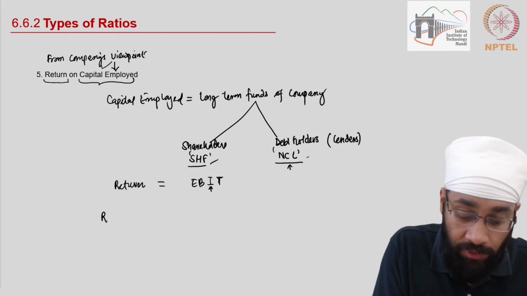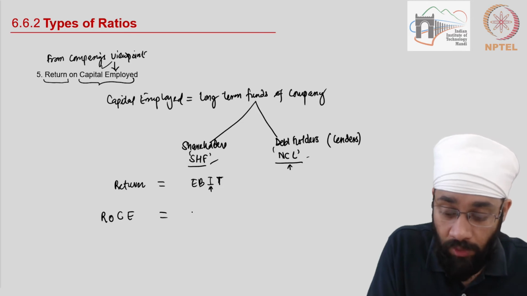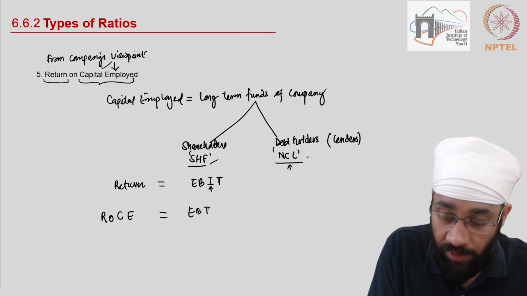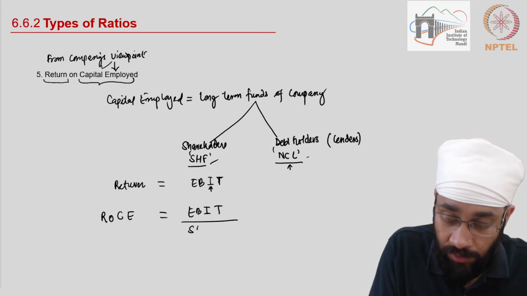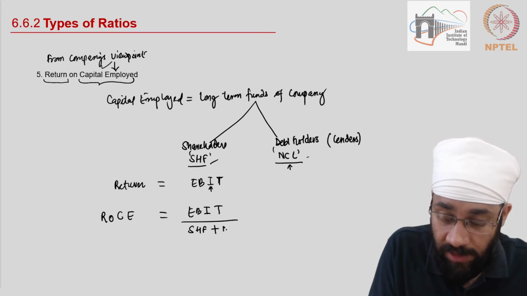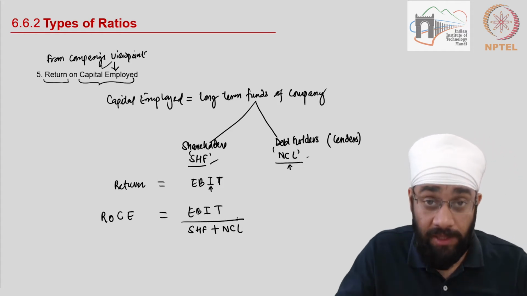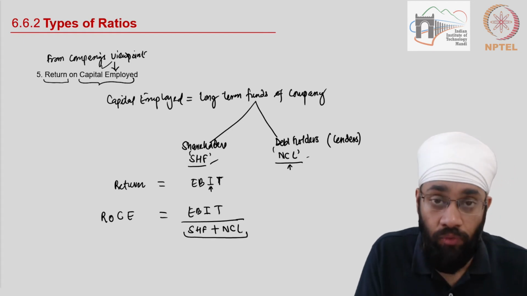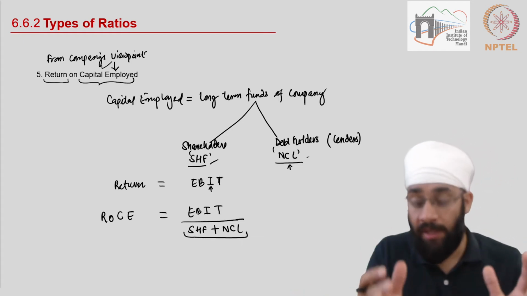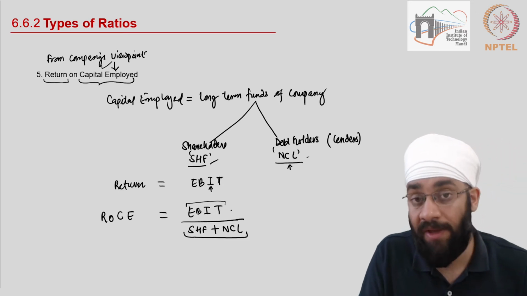And in order to figure out return on capital employed, we are going to divide the earning before interest and tax by shareholder funds plus the non-current liabilities, the long-term funds invested in the business. So the business is deploying these two types of funds, clubbing them, and this EBIT is the money which is earned by the business.